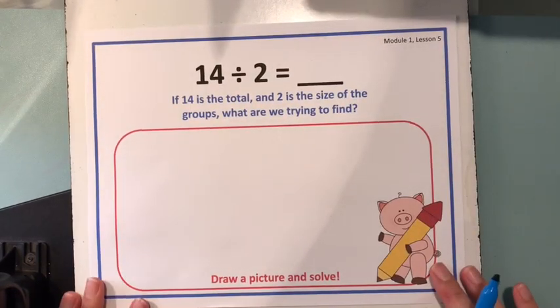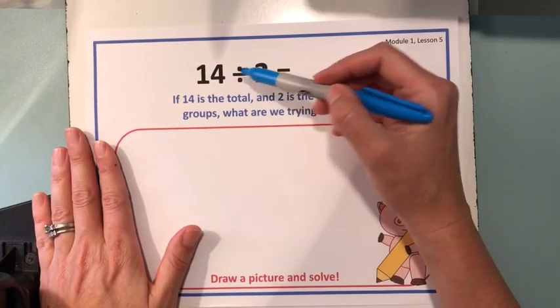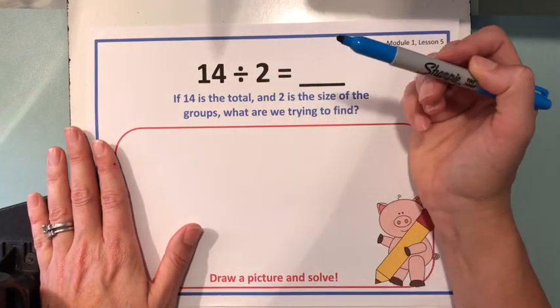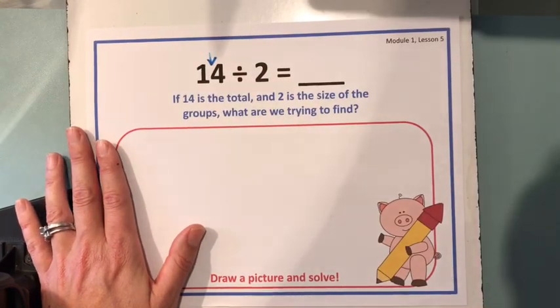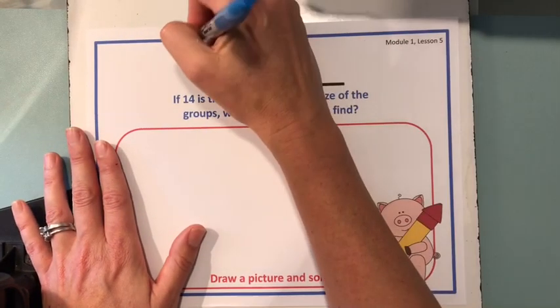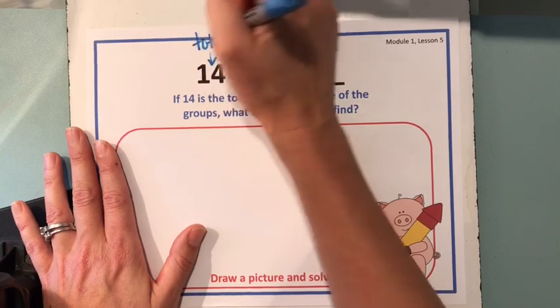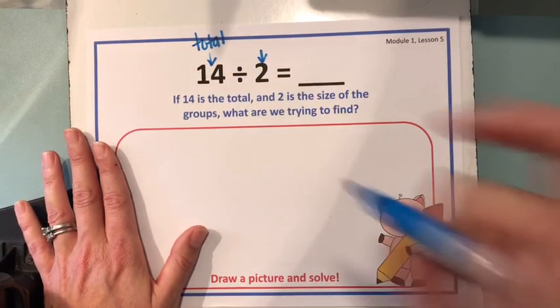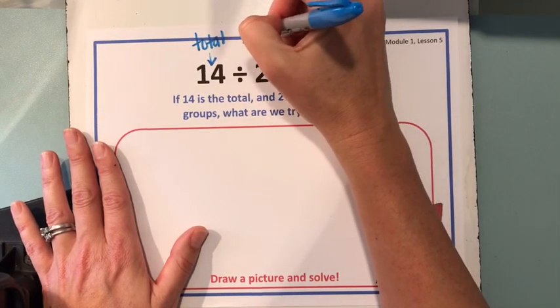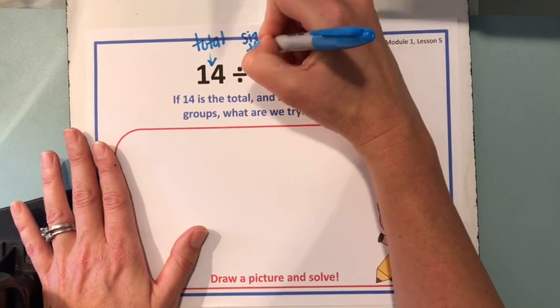Here's your next one, 14 divided by 2. So again, what does 14 represent on my snap? Total. What does 2 represent on my snap? Size of the group.